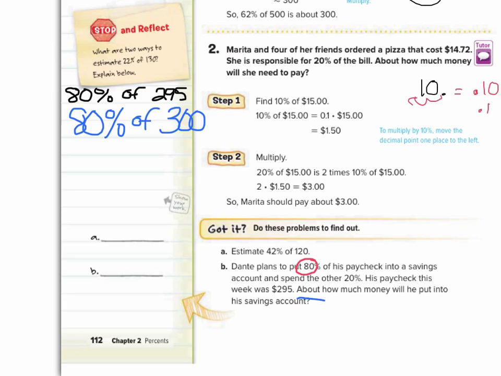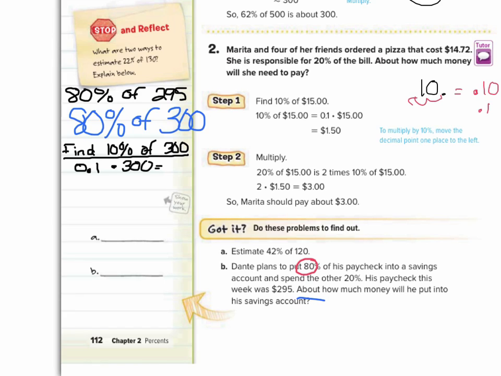And so now if we use this method over here, where we found 10% and then multiplied, the first thing we want to do is find 10% of 300. The way we're going to do that is write 10% as a decimal, which is 0.1, and multiply this by the 300.